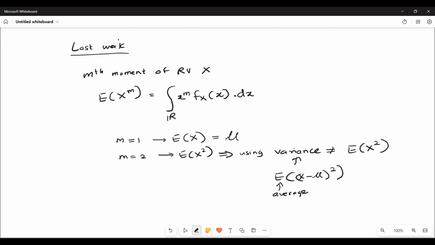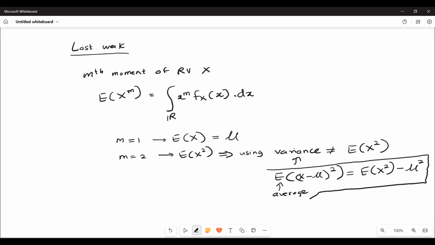So this we learned in the last class. This variance can be defined as E[x squared] minus mu squared, right? This is something we can keep in mind when we want to do calculations and find the variance of a random variable x.